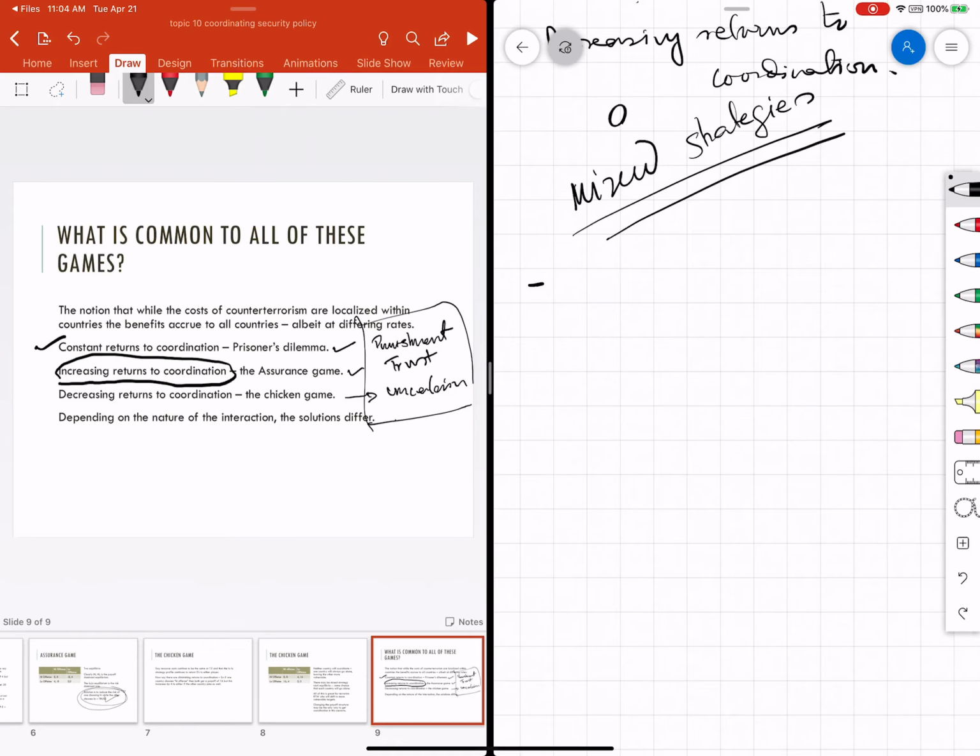If there are constant returns to coordination, then the only way to get NATO to work would be to punish people who don't pay up into the common NATO bucket, right? So it sort of depends what kind of alliance we have, and what we use to build and maintain the alliance might actually change as the context changes.